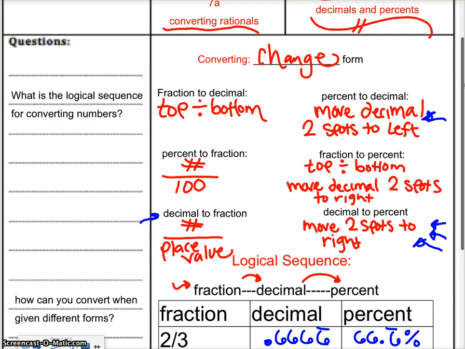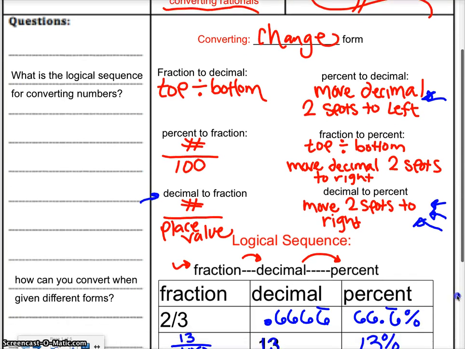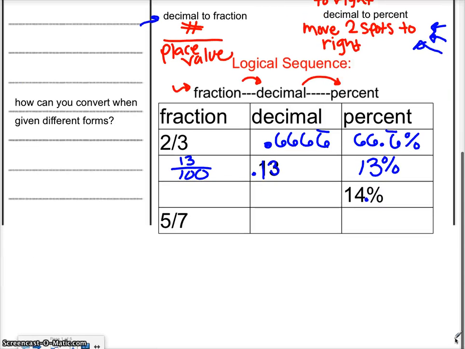It says move the decimal 2 spots to the left. Okay, so I can do that. So I'm going to move this 2 spots to the left, so it would be 0.14. And then to turn it to a fraction, it's the number over the place value, 14 over 100, and then simplify that, 7 over 50.